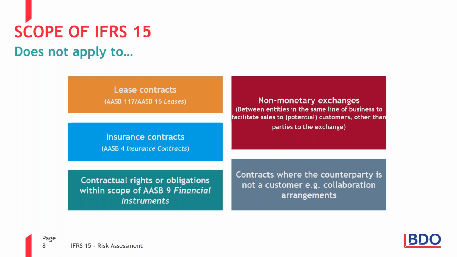So you enter into an arrangement with a competitor who helps you out when you don't have the supply, but you're trying to deliver or make good on a contract that you have with the customer. They'll, let's say, supply your goods when you don't have it in your stores, and they do. Those arrangements are non-monetary type exchanges. They're between entities in the same line of business to facilitate sales to customers. They're not part of AASB or IFRS 15.